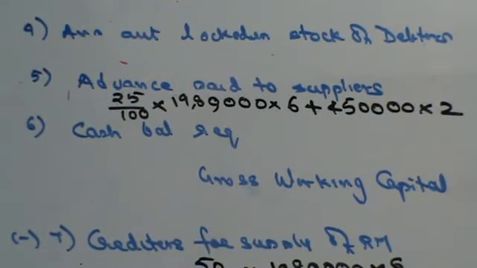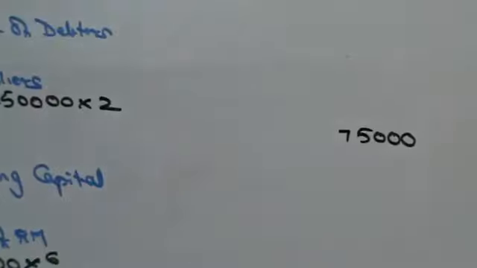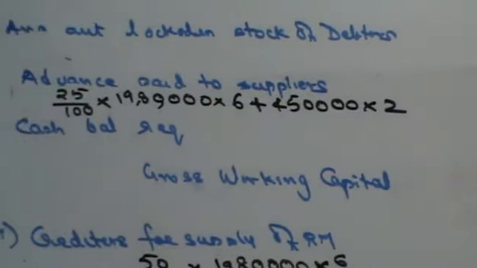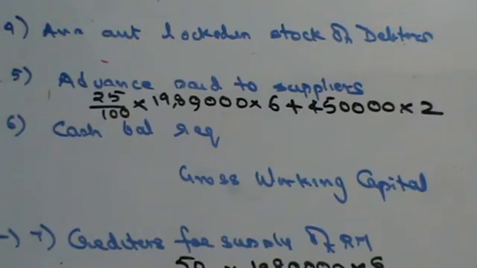Next, cash and bank balance is to be maintained at 75,000. Straightforward answer, 75,000. Next, the company shall get an overdraft equal to 50% of raw material and finished goods. Now, raw material and finished goods. Have I missed an entry of finished goods? You said that raw material will remain in stock for 4 weeks, process period is 3 weeks.